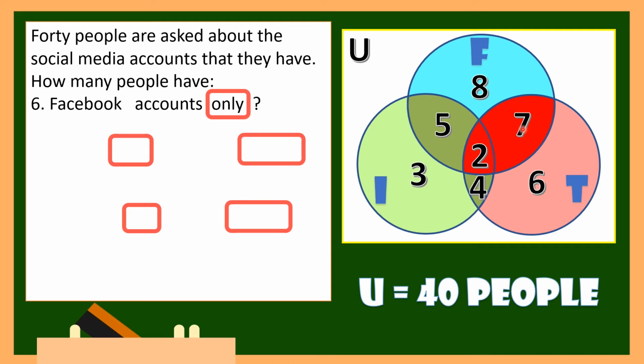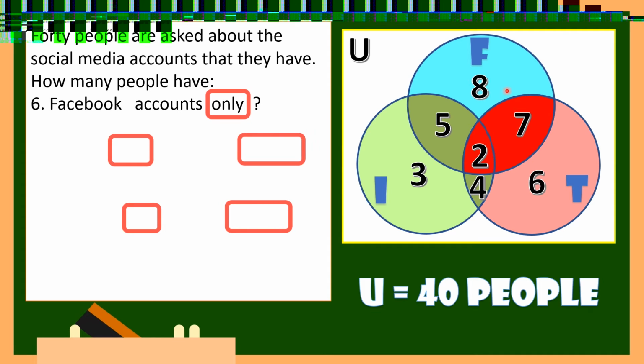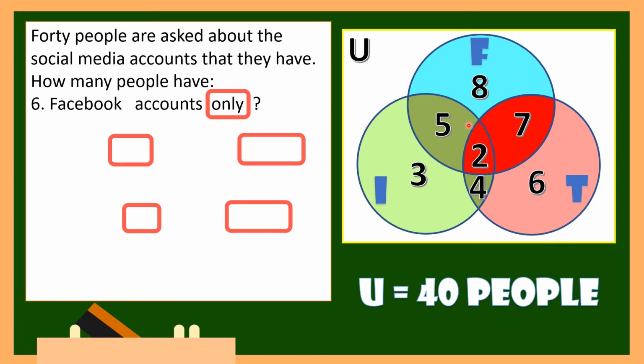So, very good. Hindi na dapat kasama si 5, 2, at 7 sa final answer natin pag ang tinatanong ay Facebook only. Bakit? Since pag sinama natin si 5, automatic pwedeng kasama niya si Instagram. Ganon din si 2. So, same as 7, automatic yon kasama niya si Twitter.